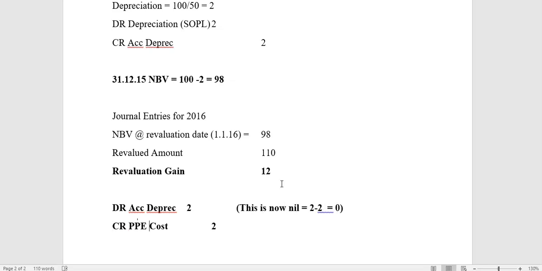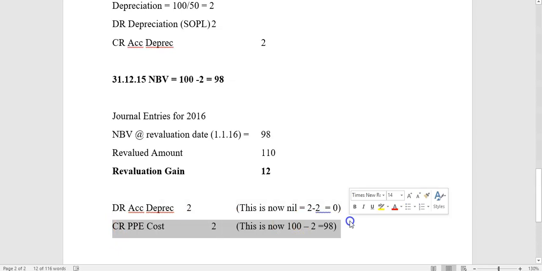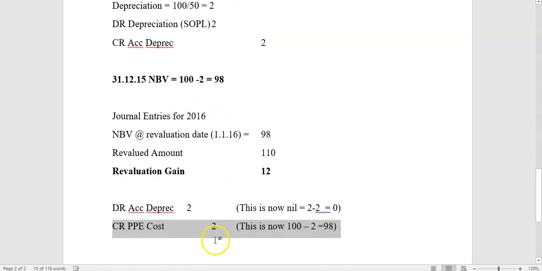For your PP cost, this is now 100 minus 2 equals 98. So your first step always when you're revaluing is net the accumulated depreciation against the asset cost account. So you clear out accumulated depreciation and you put the asset cost down to the net book value. It was originally in at 100 and now it is down to 2 less, which is 98, which is its net book value.